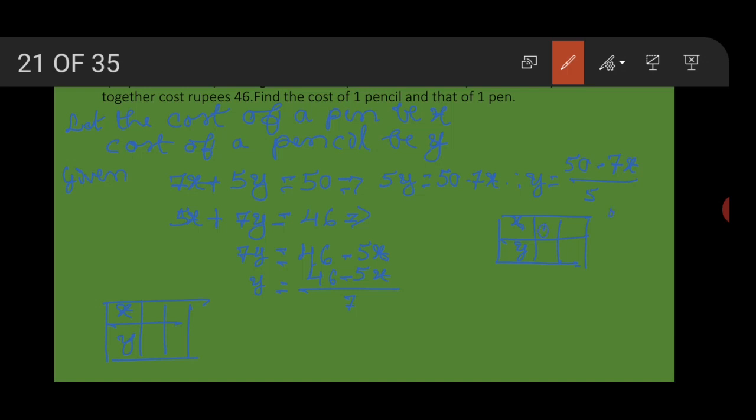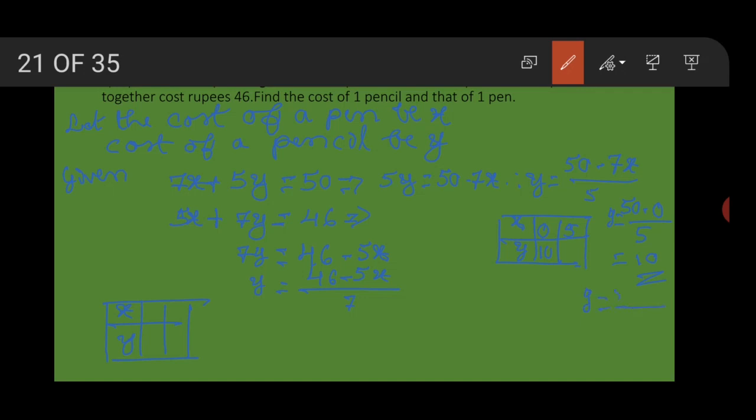What happens in this equation? Y is equal to 50 minus 7 into 0 is equal to 50 divided by 5, 5 tens are 50. So y value is equal to 10. Take one more value to x. Take the value of x as 5. What happens?